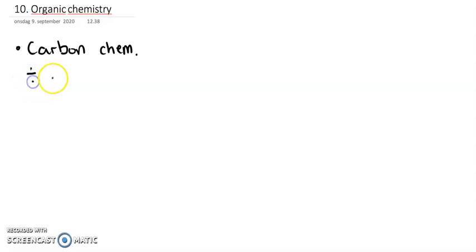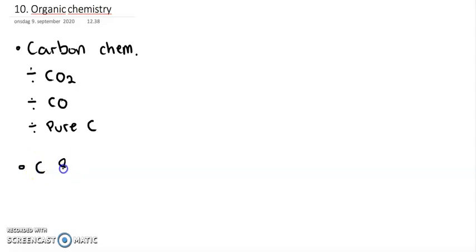And the exceptions are, for example, carbon dioxide or carbon monoxide, and also everything that's pure carbon. So, for example, diamond or graphite. For the most part, we have carbons and hydrogens connected together in organic chemistry.